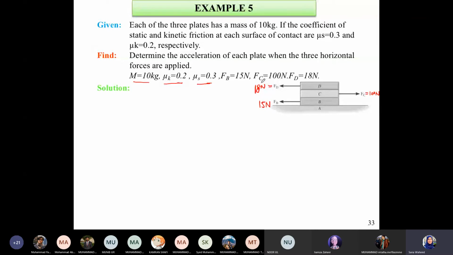It can change, right? Basically, it has a maximum value that we know of. So we have to see first whether the applied force on any block, let's say the 18 newtons on FD, is even greater than the frictional forces or not. Because if it isn't, and the frictional forces are that large, then the block may not move.